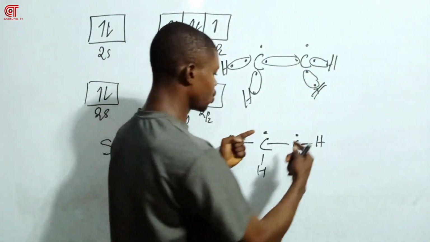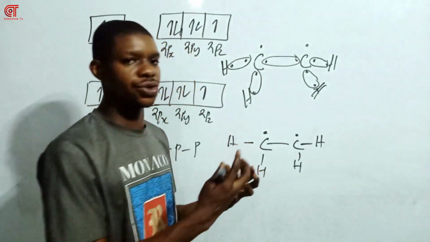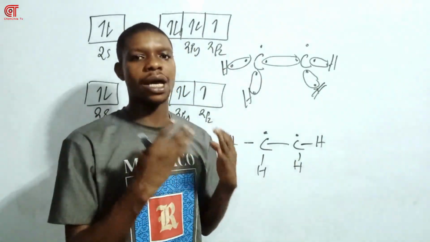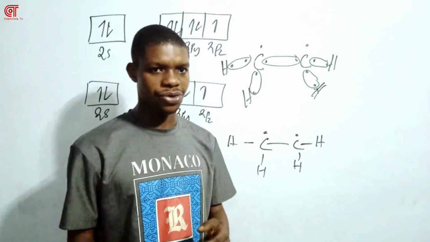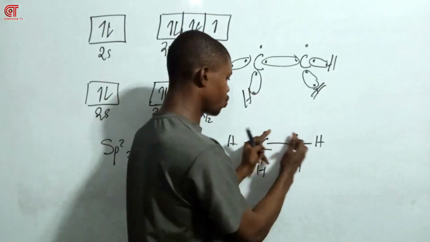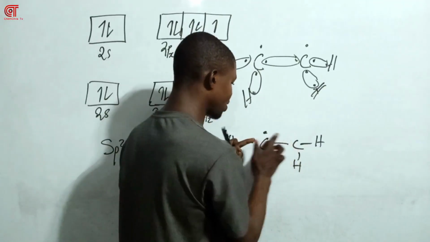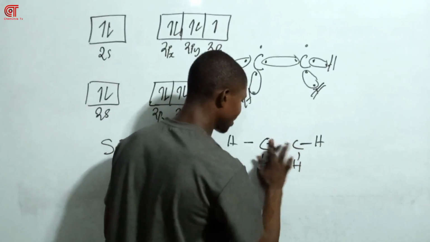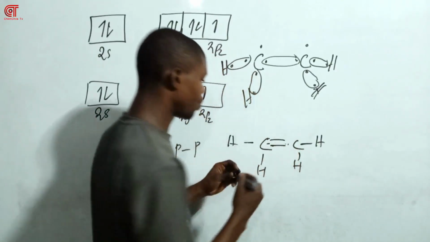So what these two do is, because they are not used in bonding, they now form a temporary bond. That temporary bond results in a second bond. So when these two combine, they result in a double bond here. Let me write it again: a double bond here.